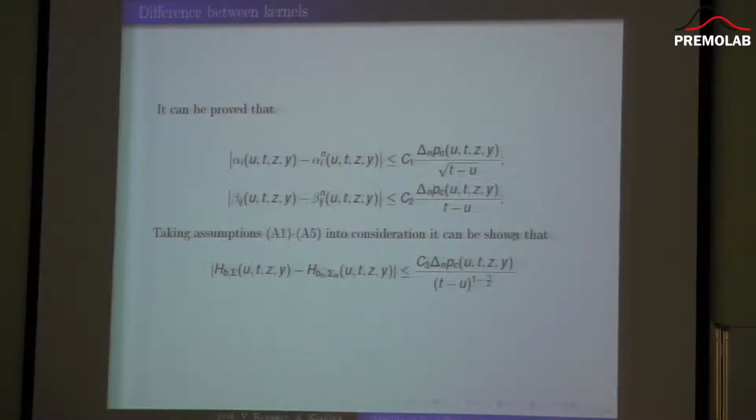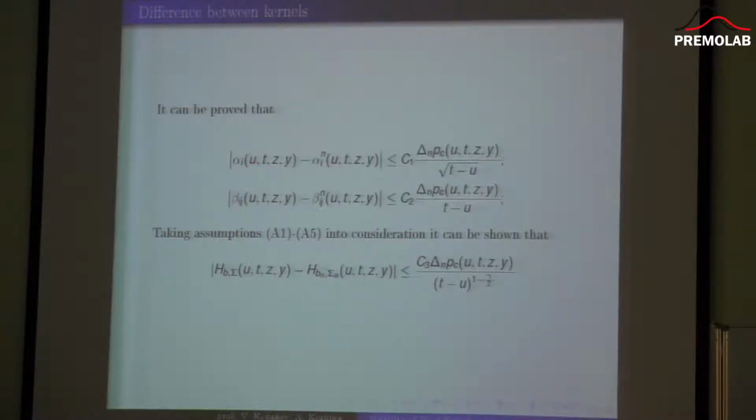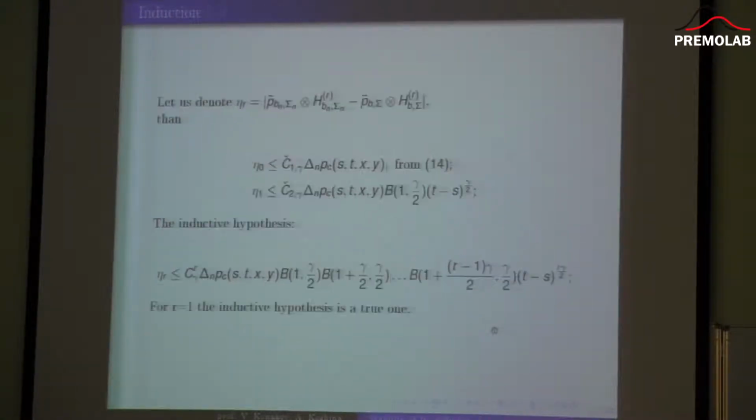But let me return to that slide. As we know that these coefficients are under the Holder condition, and according to the nice property of the exponents, in the end we will gain this estimation, where gamma is the Holder parameter. So this is an integrable time singularity.